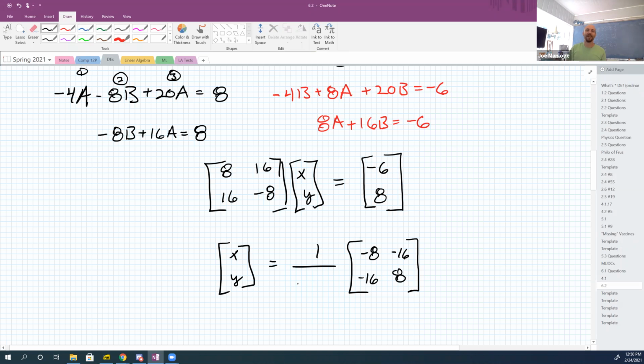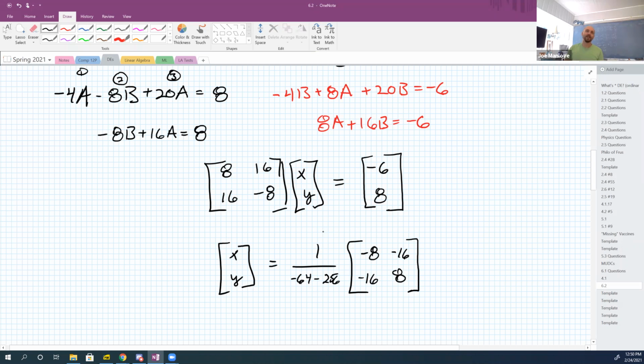And then in here, I need the determinant, which is negative 64 minus, what's 16 squared? 256? 56. That's the determinant of your original matrix, not your augmented matrix.